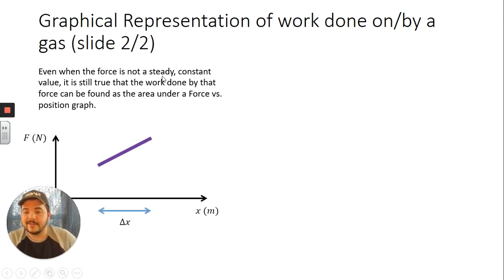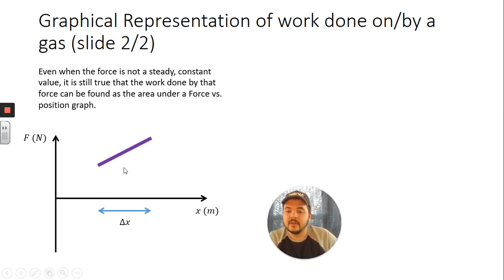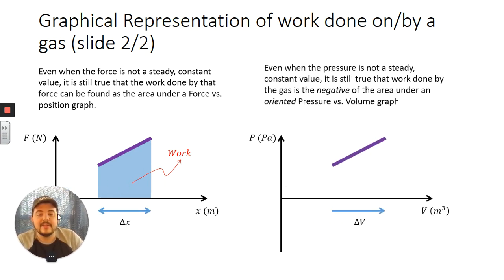So if you have a graph like this for your force versus displacement, something where the force is increasing as you move to the right, it is still true that this area is going to be equal to the work that's done. Similarly, even when the pressure is not a steady constant value, it is going to be true that the work that's done by the gas is the negative of the area under an oriented pressure versus volume graph.